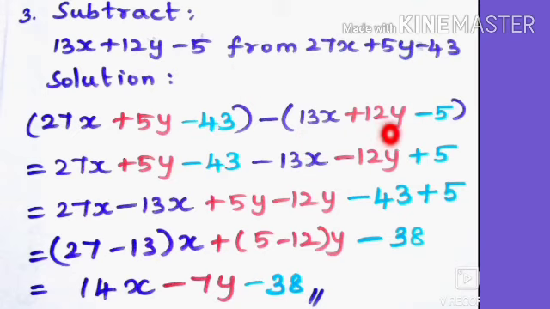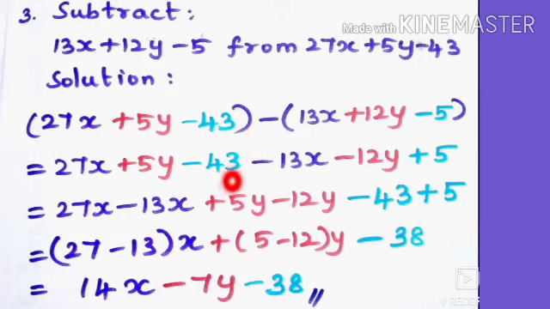So 13x plus 12y minus 5. This can be written as 27x plus 5y minus 43 minus of 13x plus 12y minus 5, which represents that we are subtracting this expression from this expression.